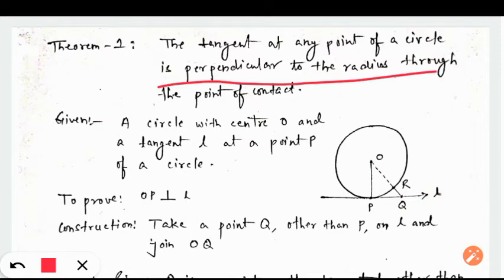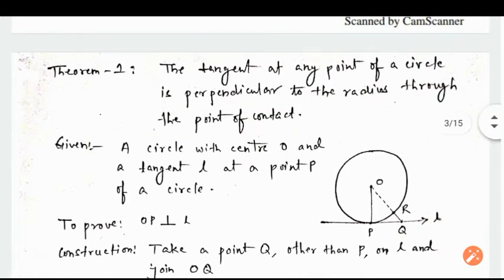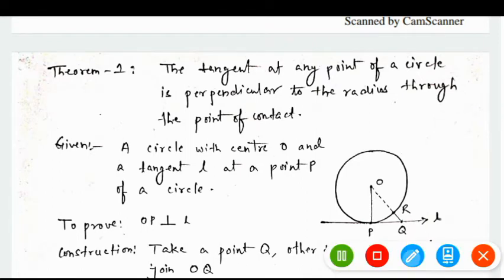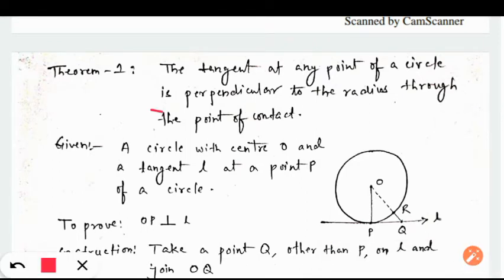So in this theorem, we are required to prove that the tangent at any point of a circle is perpendicular. Perpendicular to which? Perpendicular to the radius. Which radius? There are infinite number of radii in a circle. So perpendicular to that radius which is made through the point of contact.